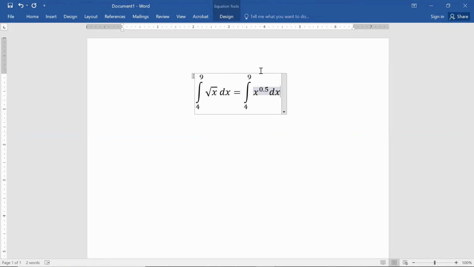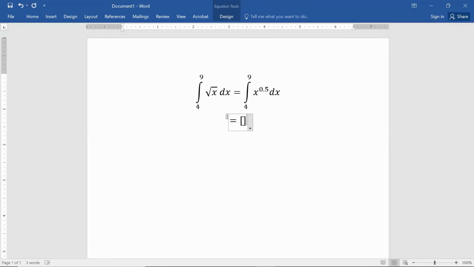Now that is a rewrite, and this is what I'm saying. A lot of times what people will do is they will mistakenly write the antiderivative as x to the 0.5 power. That's not what we're doing. X to the 0.5 power is the same thing as square root of x. So that's a rewrite step.